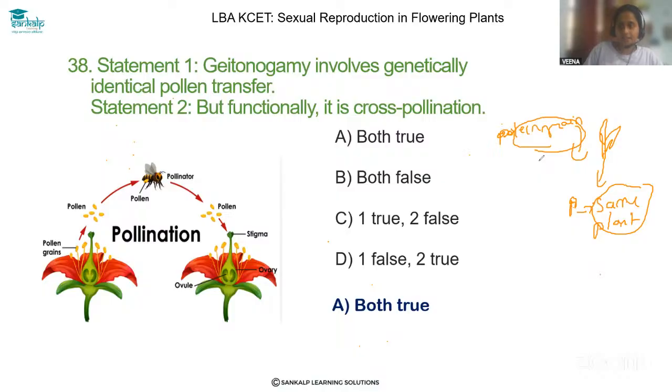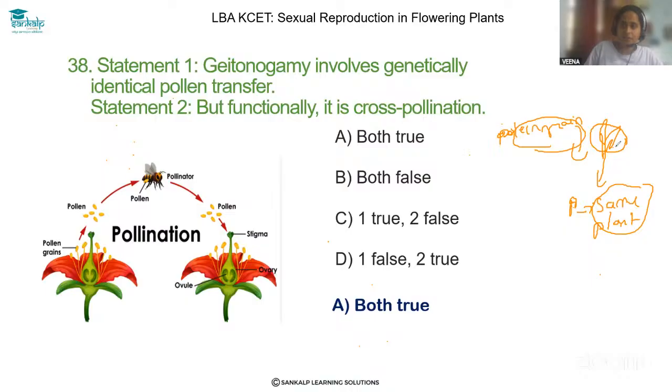It is self pollination only, but functionally it is cross pollination, because even though both flowers belong to the same plant, the morphology of the flowers is not the same.